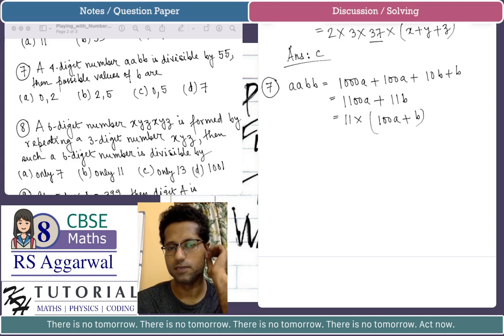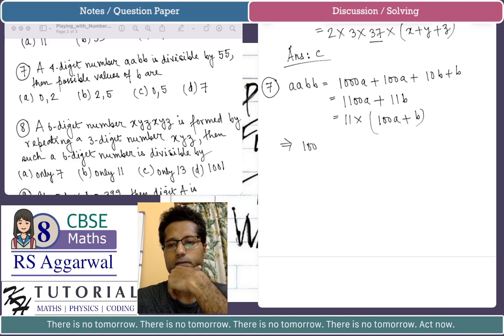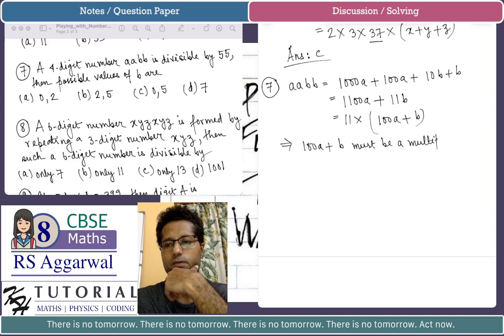Now it is given that the number AABB is divisible by 55. So this will imply that 100A plus B must be a multiple of 5.